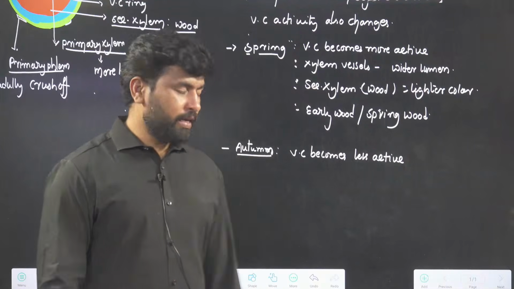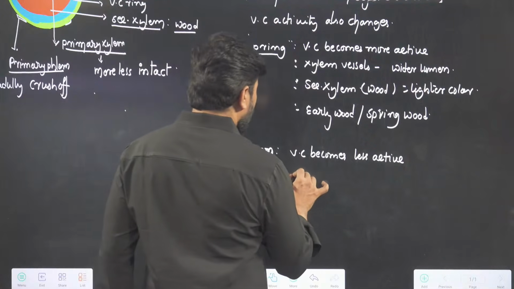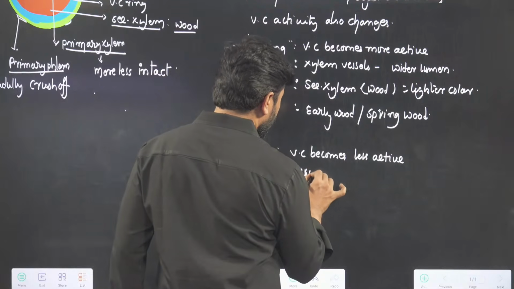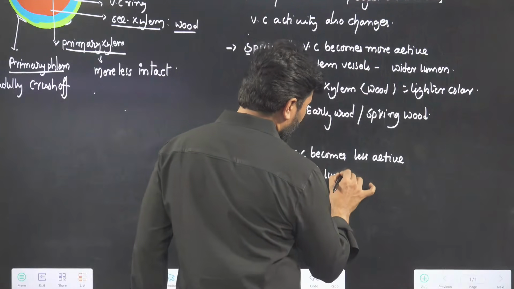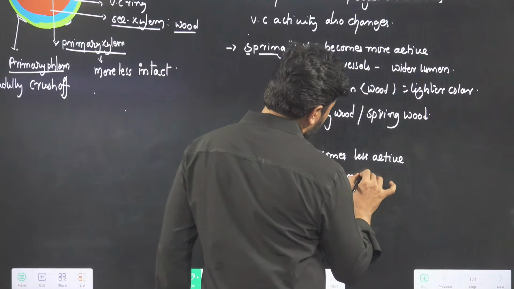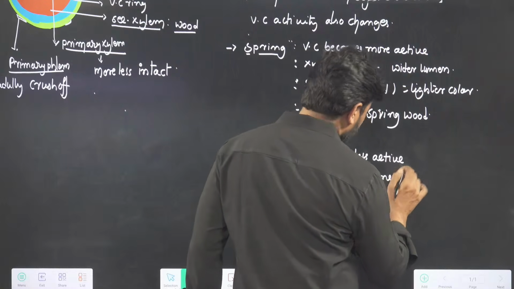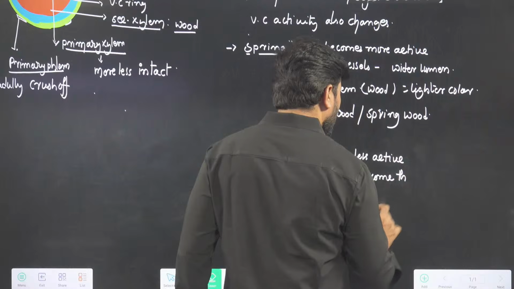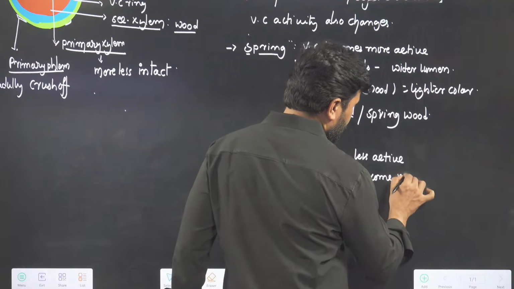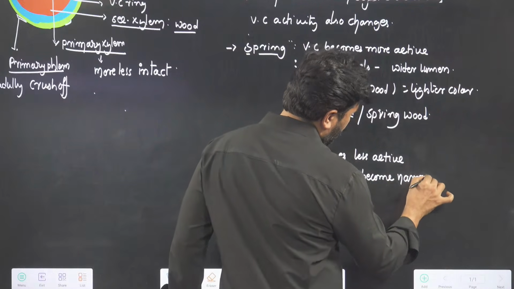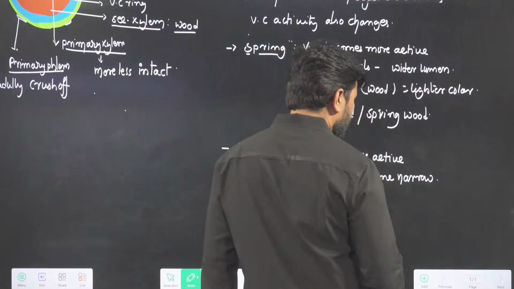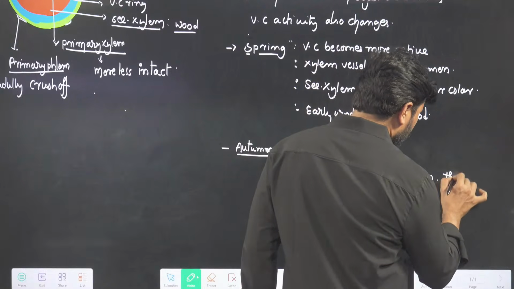As a result of that, vessel cell walls become thick, vessel lumens become narrow due to the formation of thick walls.